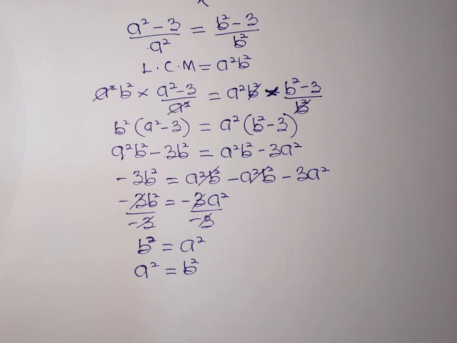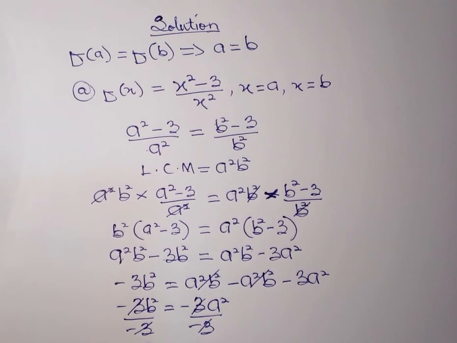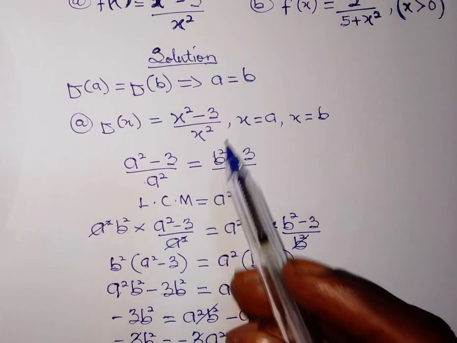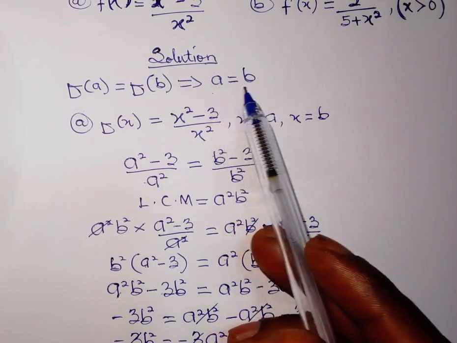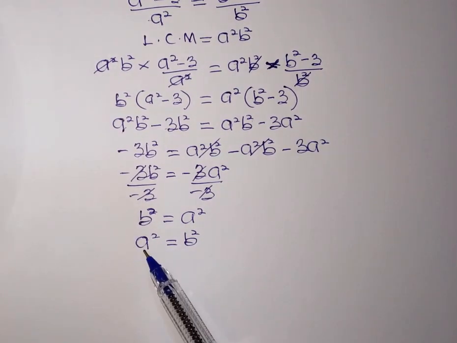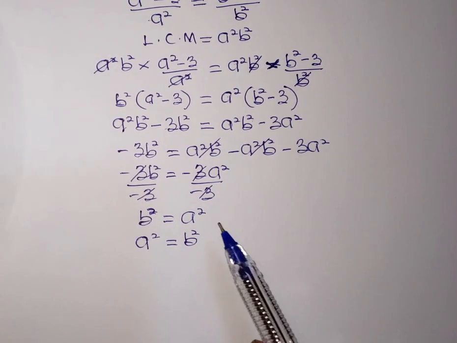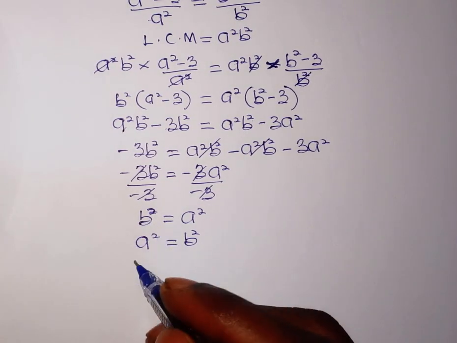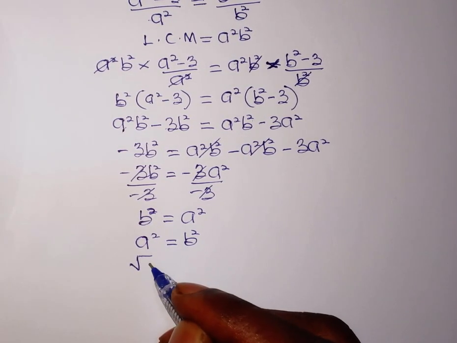Yes, we still have to simplify, because per the definition of 1 to 1, we are saying that a should be equal to b, but in our case we have a squared is equal to b squared. So when we have it like that, we can take the square root of both sides.